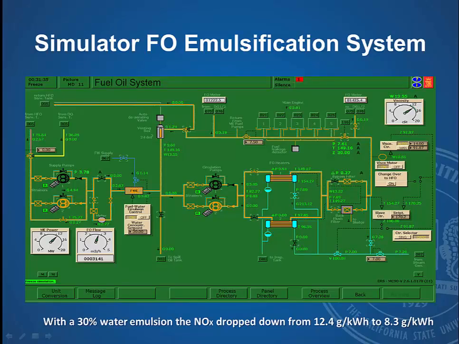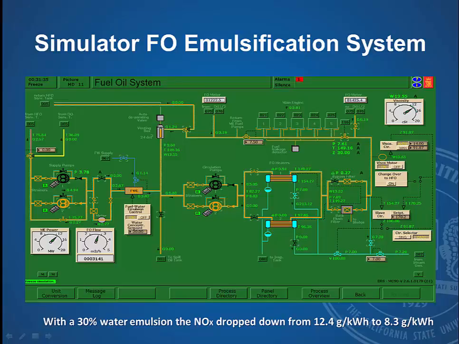All right, this is the simulator fuel oil system, and you'll see that this is provided, and you can experiment with the fuel oil and water emulsion system, and it is put in right before the circulatory loop.